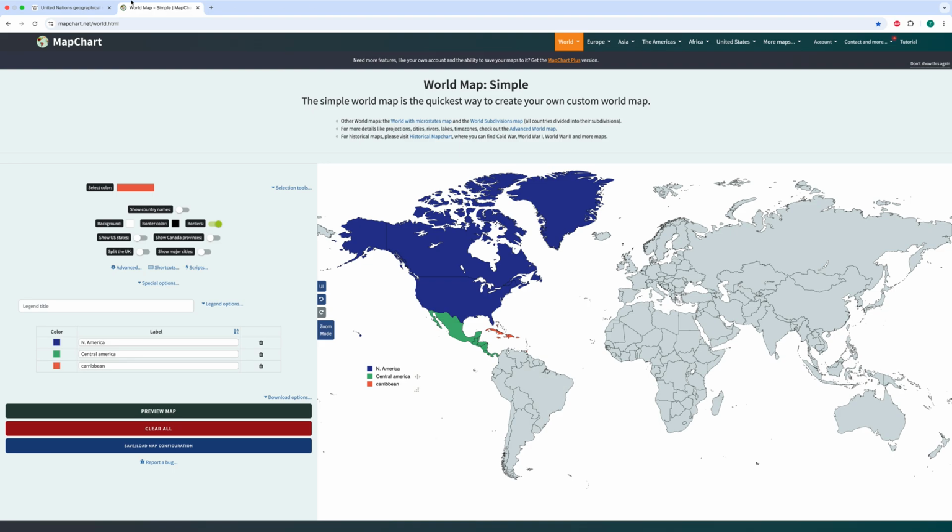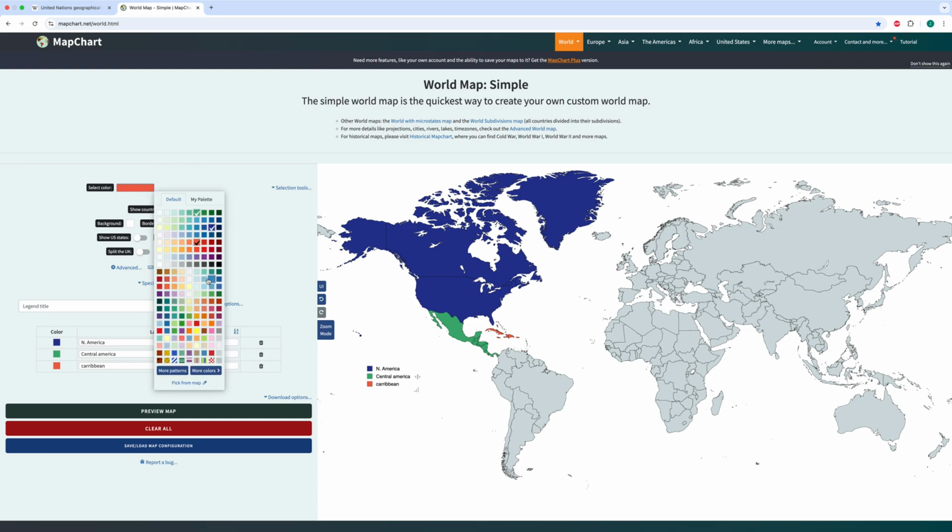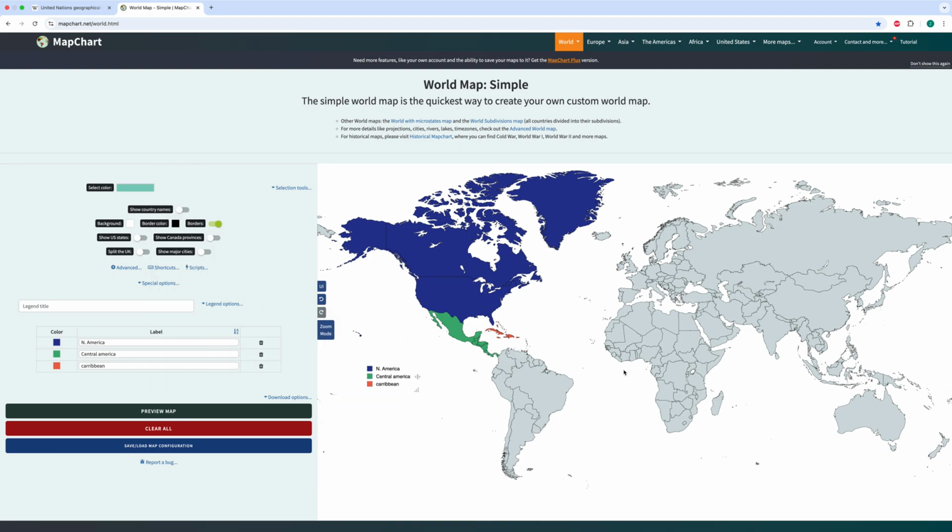Then there's South America. According to this, there's one South America. But really, how we could divide it, I won't be coloring these, but Suriname, Guyana, Venezuela, Colombia, Ecuador, and Peru are Western South America.